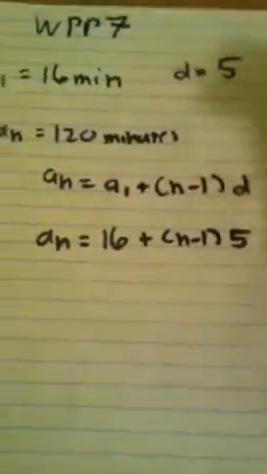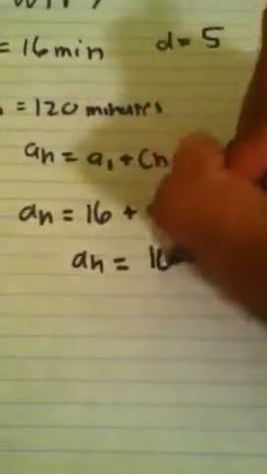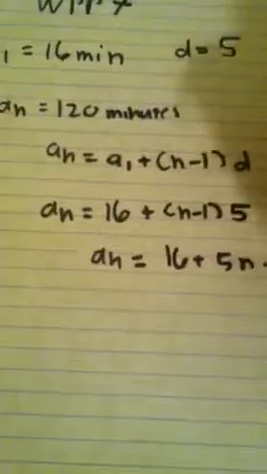So now we're going to distribute the 5. So it'll be a sub n equals 16 plus 5n minus 5. So our general term is going to end up to be a sub n equals 5n plus 11.